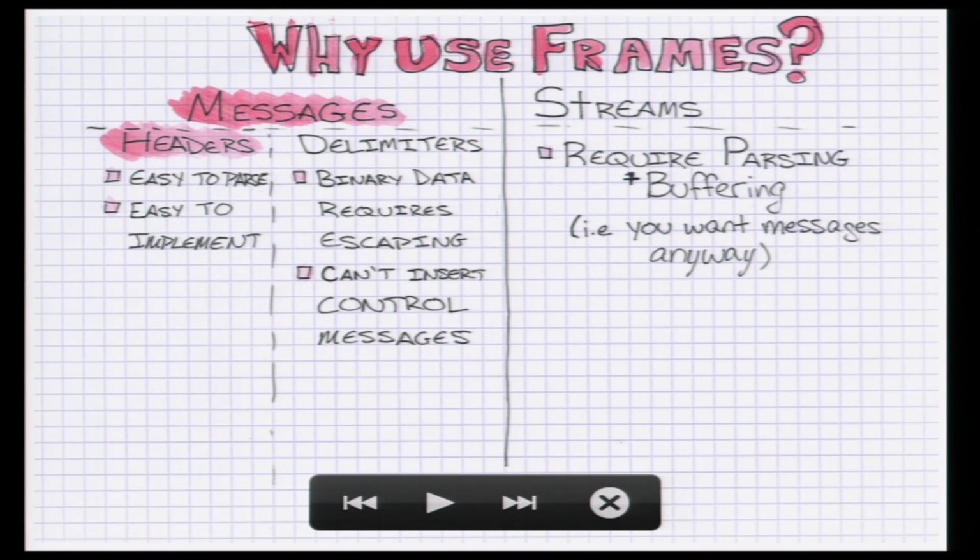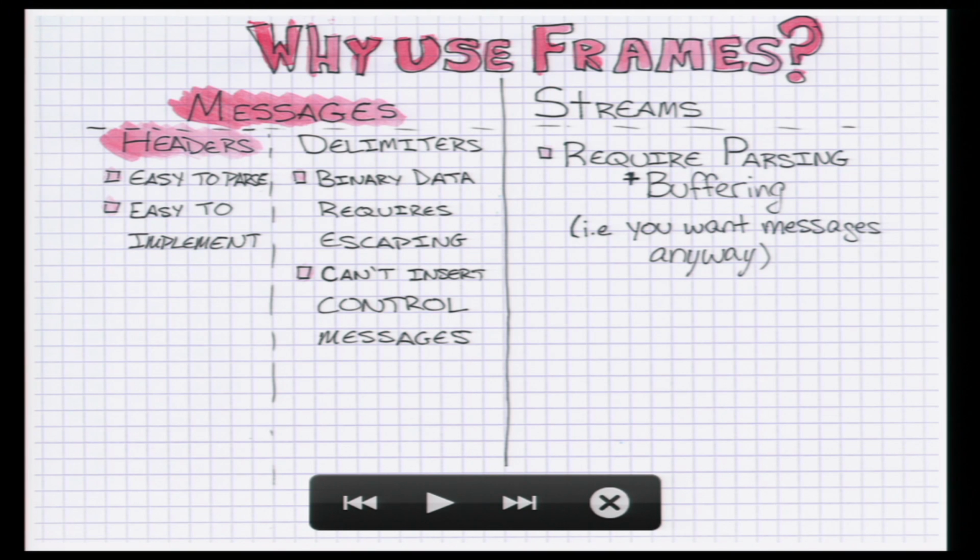And so instead, it needs to be able to send one frame at a time, so that it can make a whole frame and doesn't have to hold on to your data. Because WebSockets uses messages and headers, the headers have to go at the front, and the headers include the length, so you can't send your message until you have the length of the entire payload for that fragment. And headers are really nice because they're easy to parse. They're generally just easy to implement because you can parse all your nicely formatted headers, and then you have a blob of data.